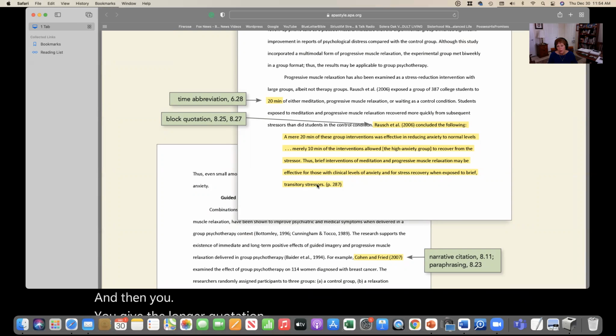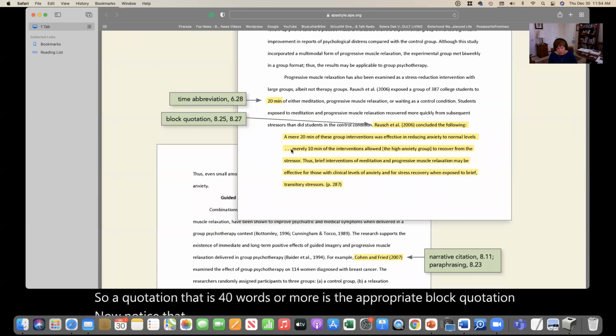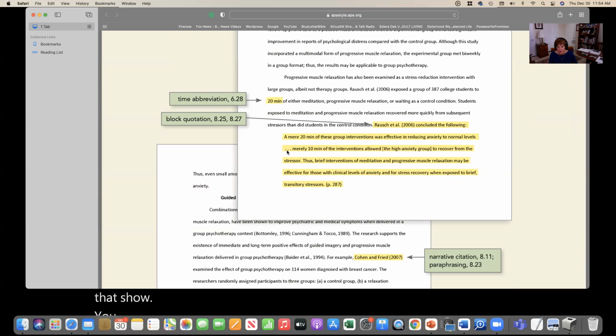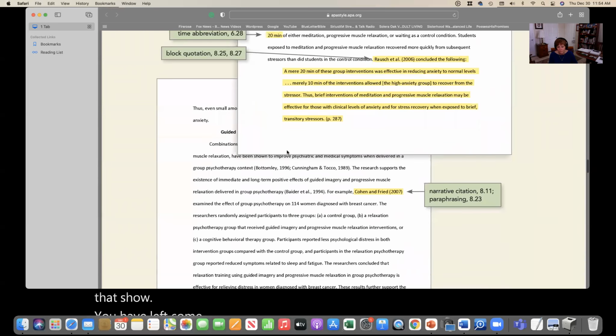So a quotation that is 40 words or more is the appropriate block quotation. Now notice that you don't have to use all of the quotation as long as you don't distort the meaning. And so you would have an ellipsis here, three dots that show that you have left some words out.